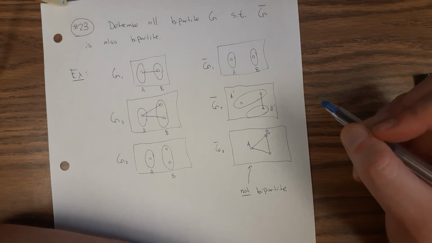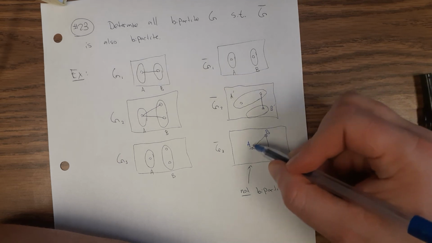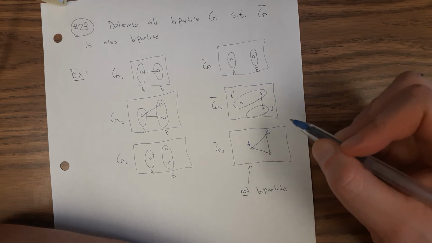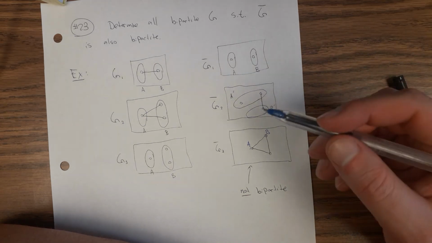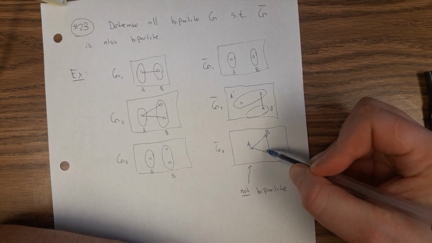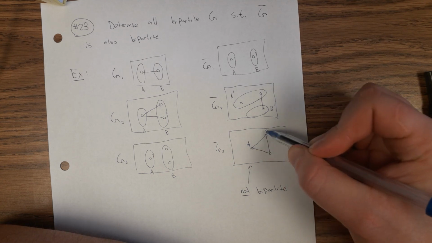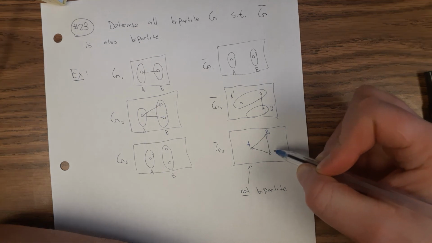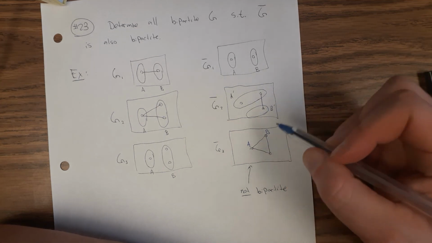So there's no way to do this. There's no way to split these three vertices into two sets such that this will be a valid bipartition. These two have to be in opposite sets. Of course, I could say this one is in B and that one's in A, but then that wouldn't help. There's just no way to do it.